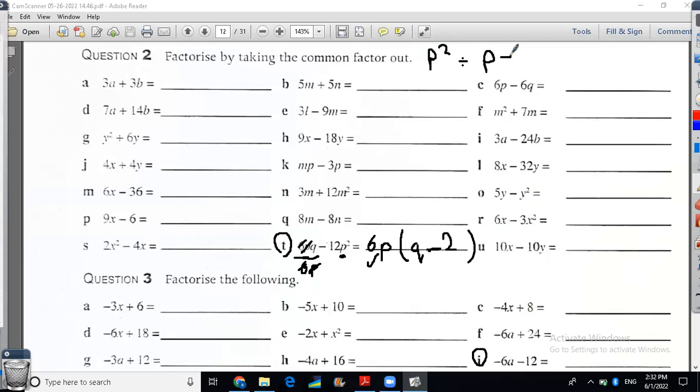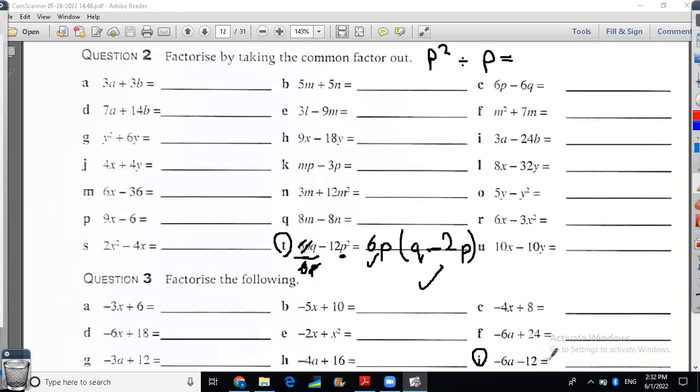In division, we subtract the powers. This is to the power of 2, this is to the power of 1. So it's going to be p to the power of 1, which is just p. Again, we divided 12p squared by 6p. So it's going to be 2p. 12 divided by 6 is 2, and p squared divided by p is just p. That's it.